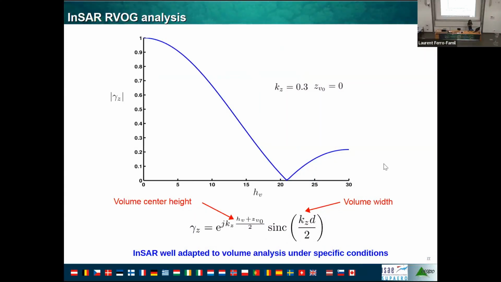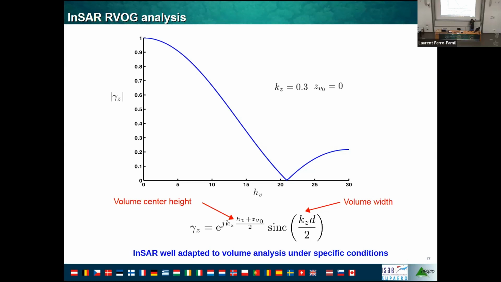Now you start to think about how we are going to analyze the coherence values based on this kind of model. If you had a flying volume in the air, for a very shallow volume, you will have a very high coherence here, and for a much wider volume, your coherence will become low. So whether the coherence is high or low depends on the width of the volume you're looking at.